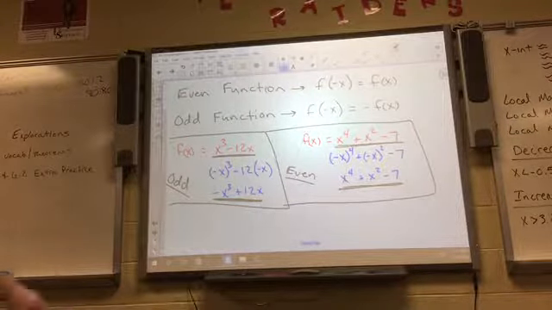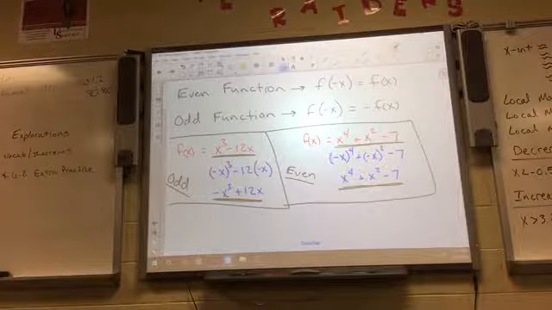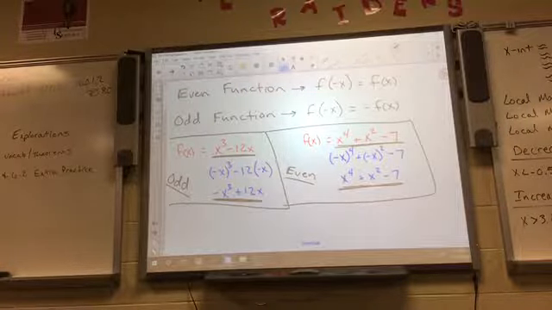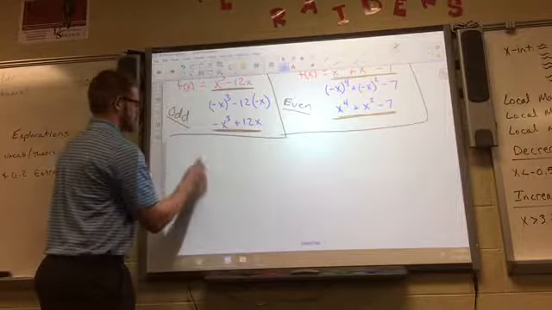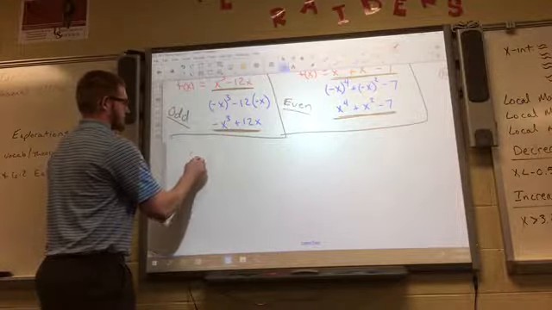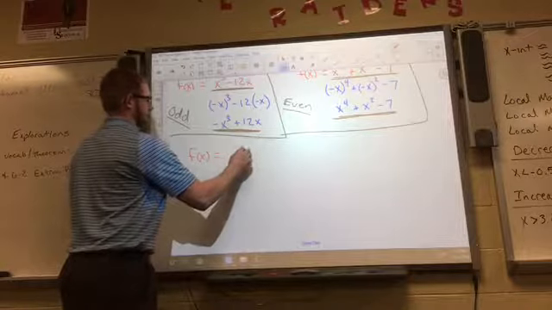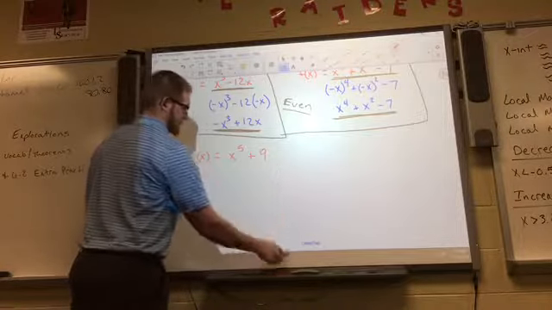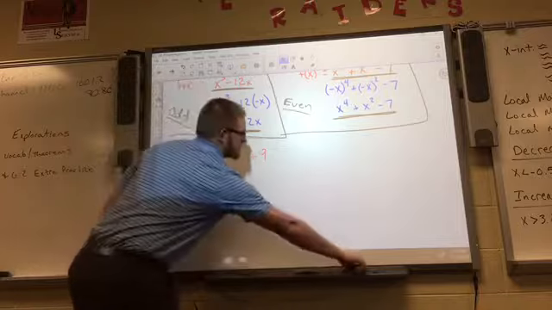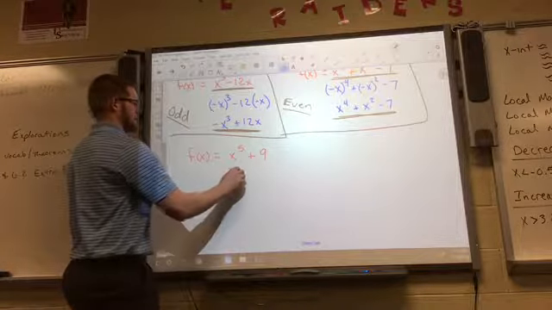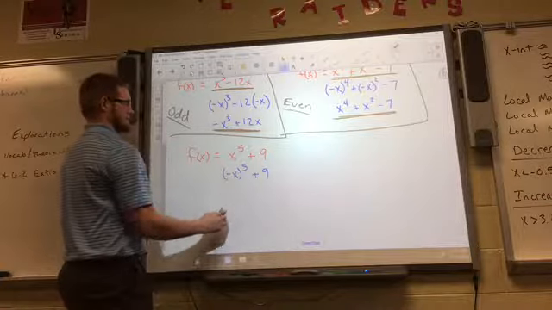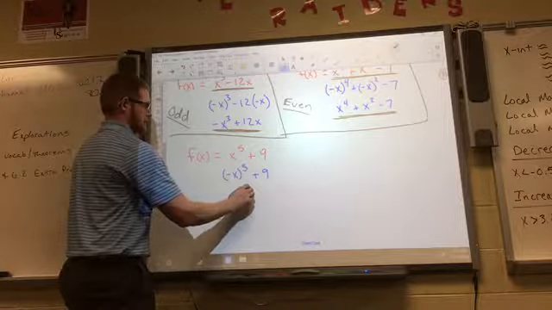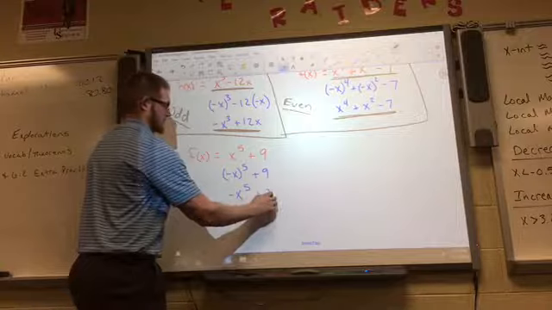Okay. The last one I want to do, I told you I'd do one of each, so you can guess that it's going to be neither, but I'll show you why. F of x equals x to the fifth plus 9. Plug in your negative x. Negative x to the fifth power is negative x to the fifth plus 9.